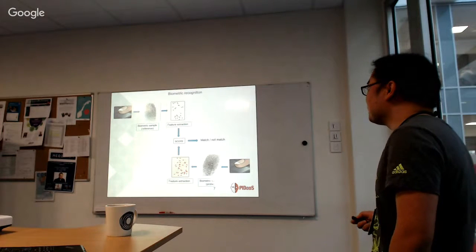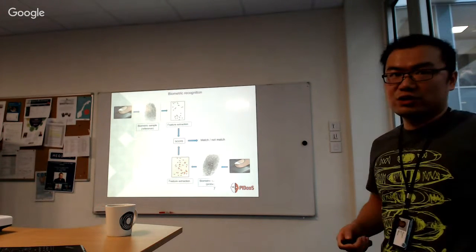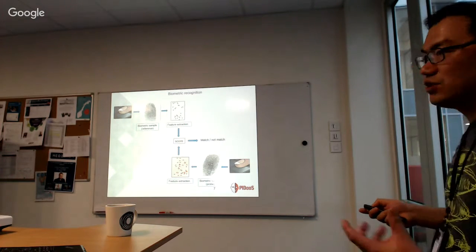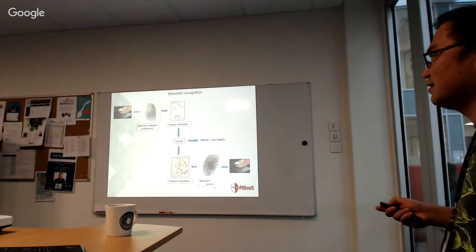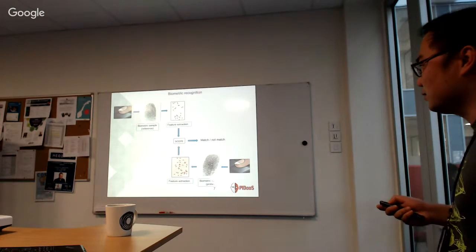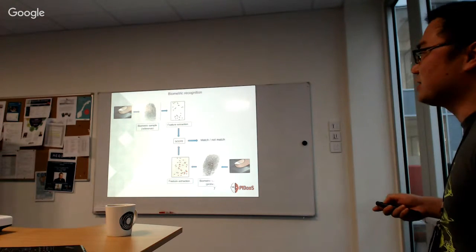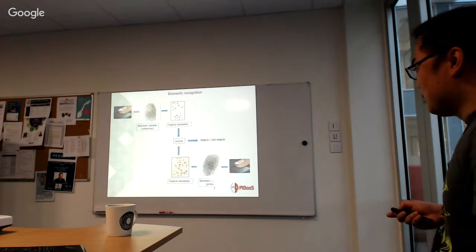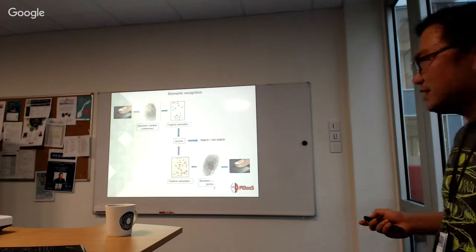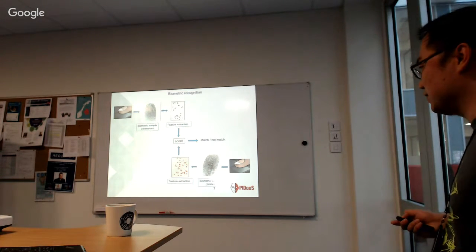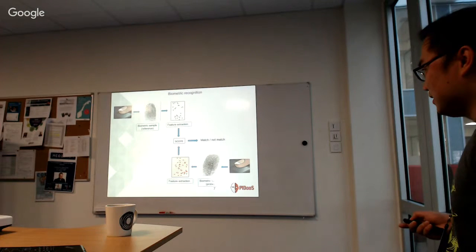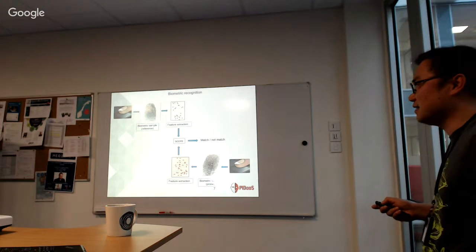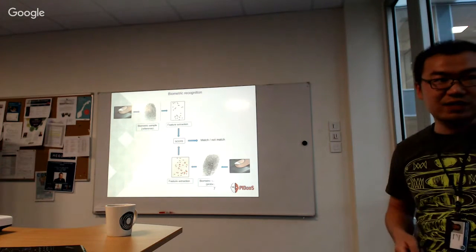So here's the basic structure of how we do biometric recognition. For instance, we need to enroll a fingerprint sample. We capture a sample from a finger, and then we extract some features from the sample. From another side, when we do the verification, we also capture a sample from the finger. This sample usually is not exactly the same as the sample we captured during the enrollment stage.